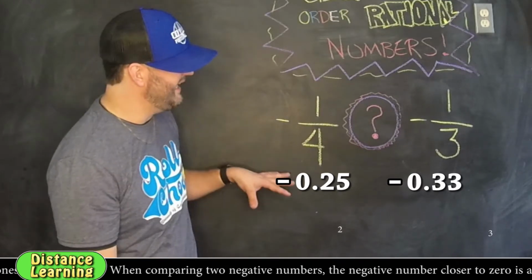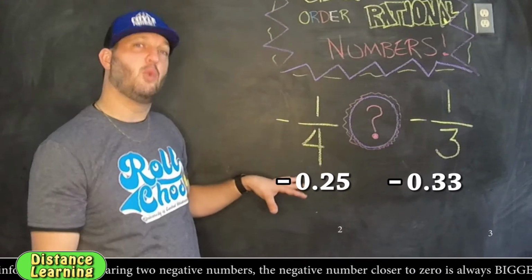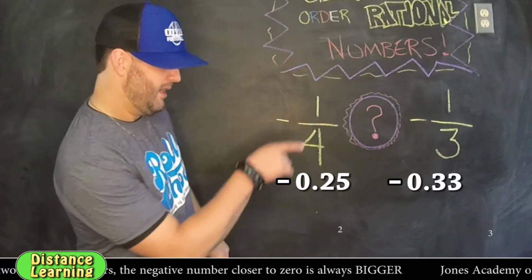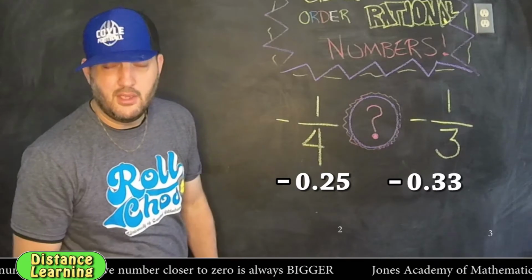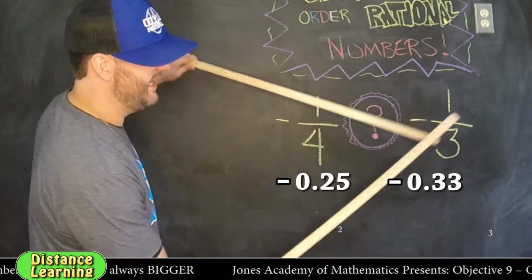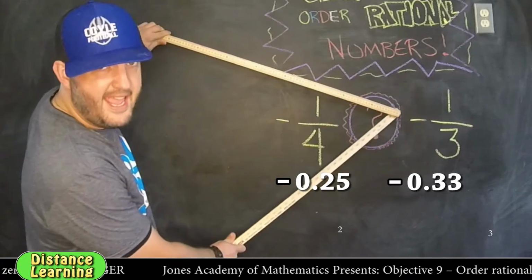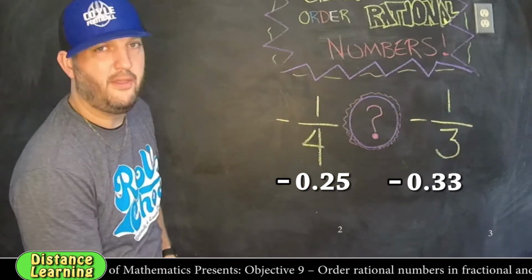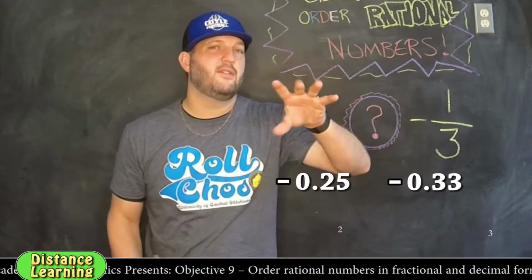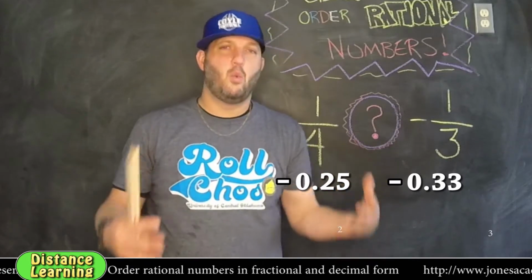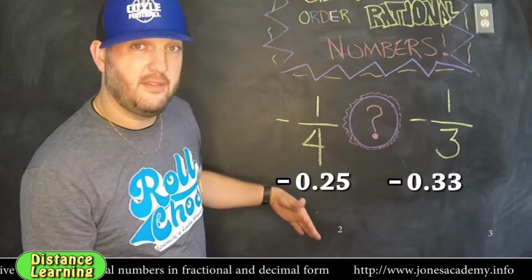So if you have negative 0.25, you have like 25 cents of evil, and you have negative 0.33, well, that one's more evil. So which one's better? This one right here. So we would put this sign in between and say negative 1/4 is greater than negative 1/3. Just remember, whenever you have two numbers that are both negative, the one that is the lesser evil is the bigger number.